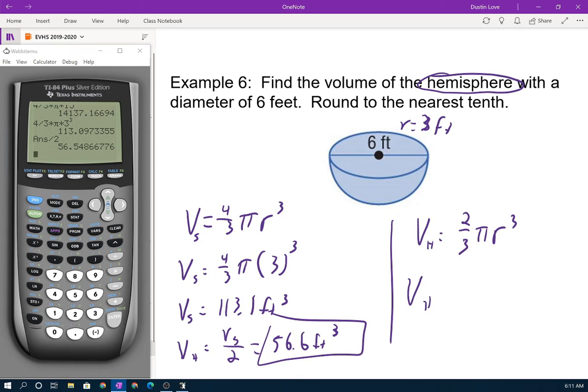So volume of the hemisphere is 2/3 times pi times 3 cubed, which means that instead of typing it again, I'm just going to go up and snag this and arrow over and change that to a 2/3 pi times 3 cubed, and we get the same thing. Volume of the hemisphere is 56.6 feet cubed.